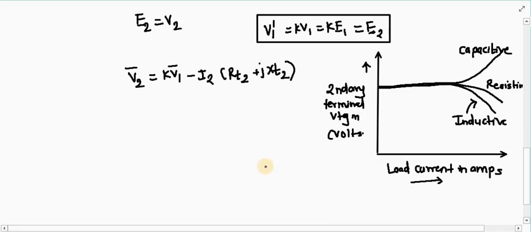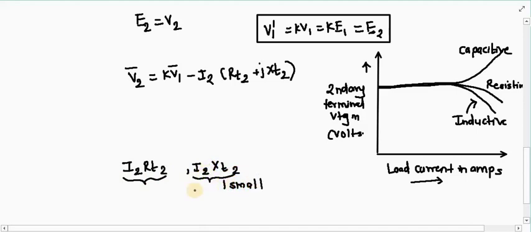So under UPF condition, what is UPF? Unity power factor condition. Under unity power factor condition, the fall in the secondary terminal voltage on the load is mainly due to your I2 RT2 drop, whereas the I2 XT2 drop is small.